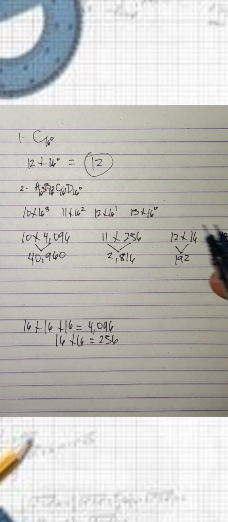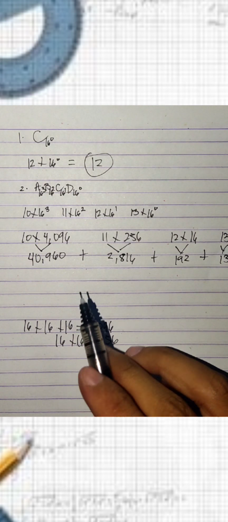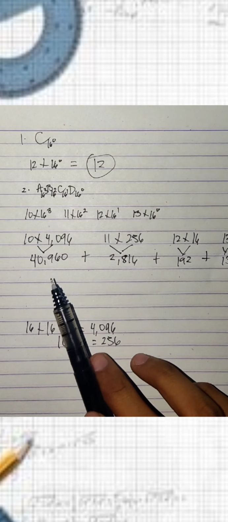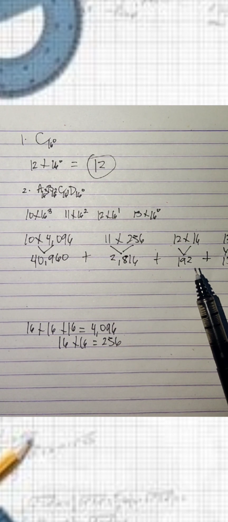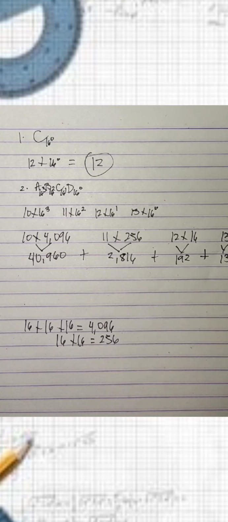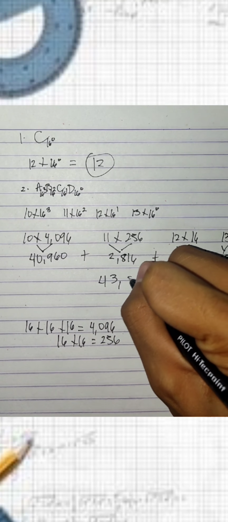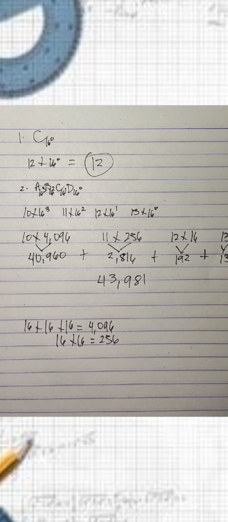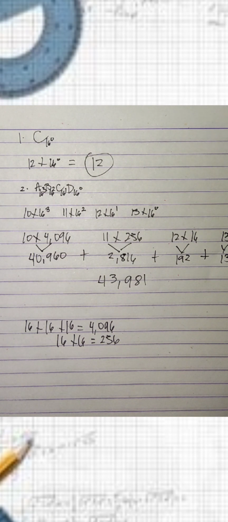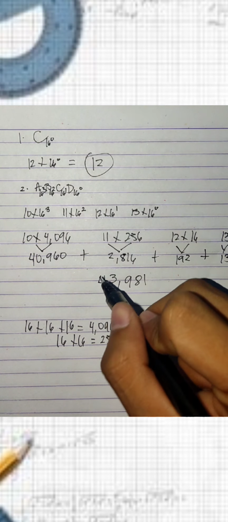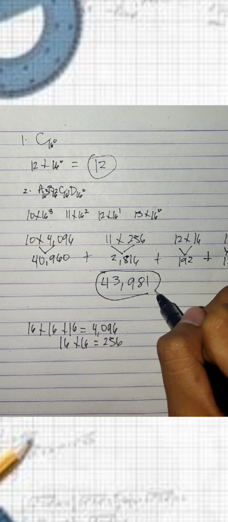Pagkatapos natin siyang i-times, ipagpa-plus natin sila. 40,960 plus 2,816 plus 192 plus 13 is equals to 43,981. So, yung ABCD natin na hexadecimal, pag convert mo siya into decimal, ang kalalabasan niya is 43,981.